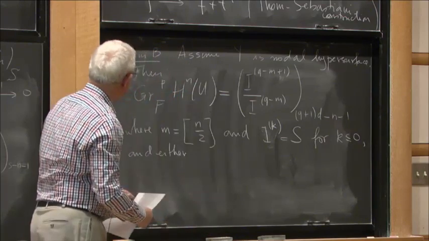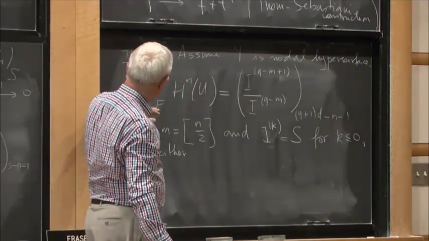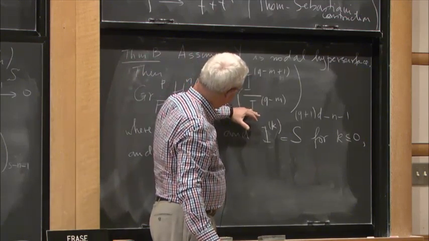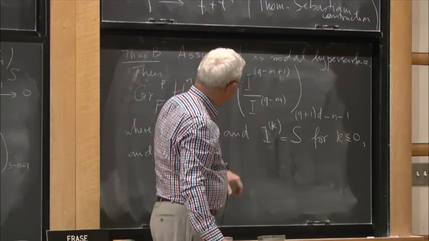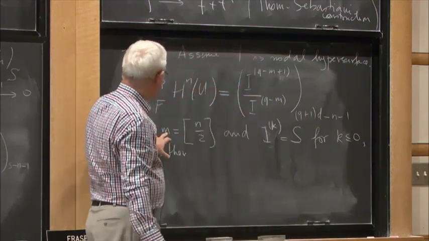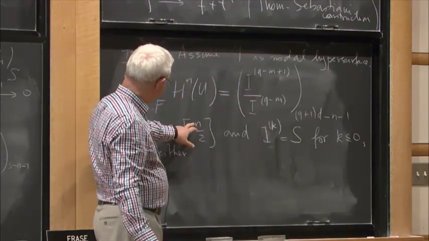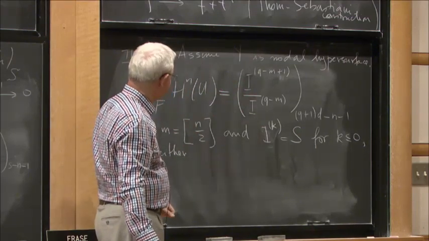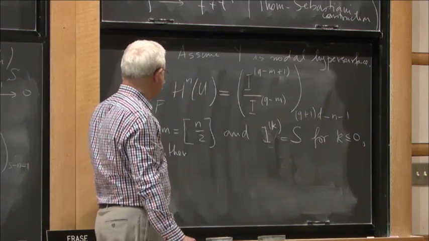Okay, so the graded pieces are quotients of this sequence of ideals, and we should take some homogeneous components. The m here is just the integral part of n over 2, which is alpha y in this situation.